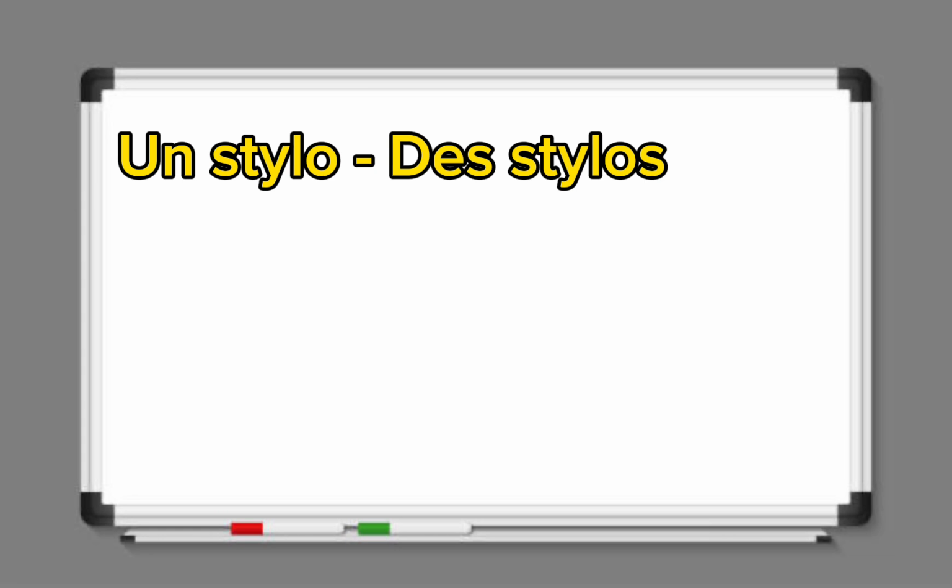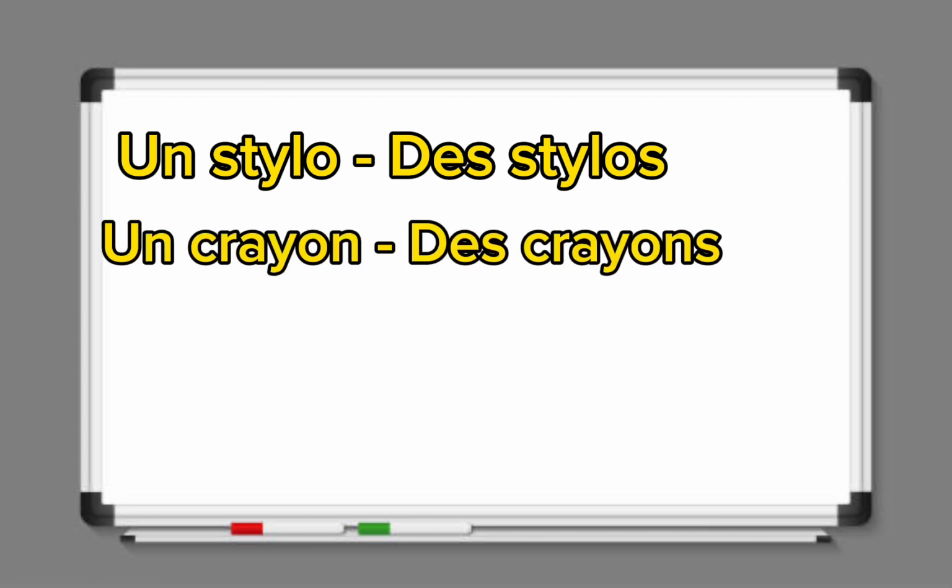But here we don't pronounce the last letter. Un stylo becomes des stylos when it is in plural form. Next one, un crayon. A pencil. When you write it as pencils, you have to change un as des, the plural form of the noun. Des crayons.